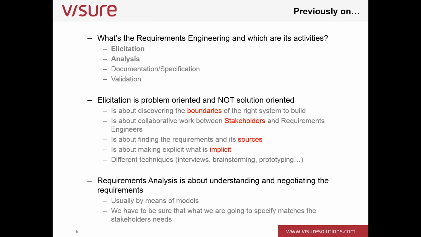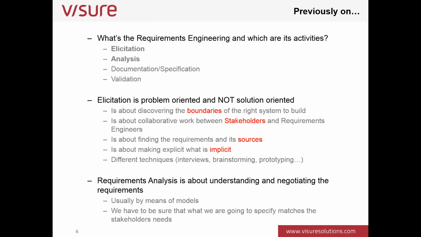The 4 main activities in the requirements engineering world are the elicitation, the analysis, the documentation or specification, which is what we are going to discuss today, and the validation. The elicitation can be defined as the process of discovering and reviewing, basically gathering all the user needs and constraints for the system. The analysis is the process of refining the user needs and constraints, basically understanding what we have gathered in the previous activity.